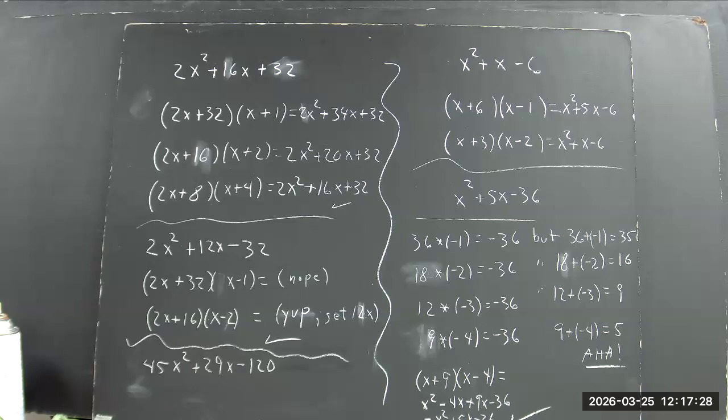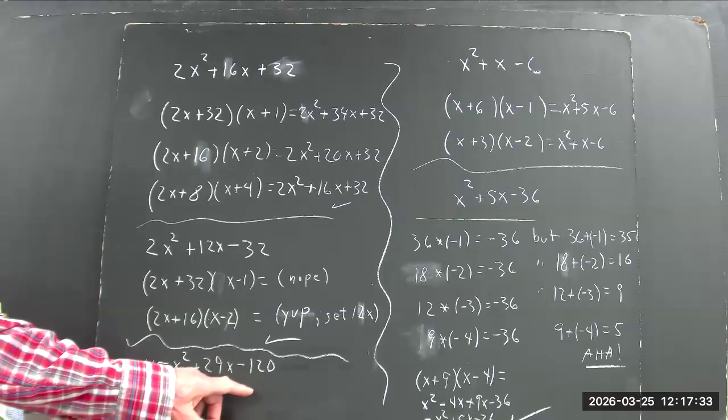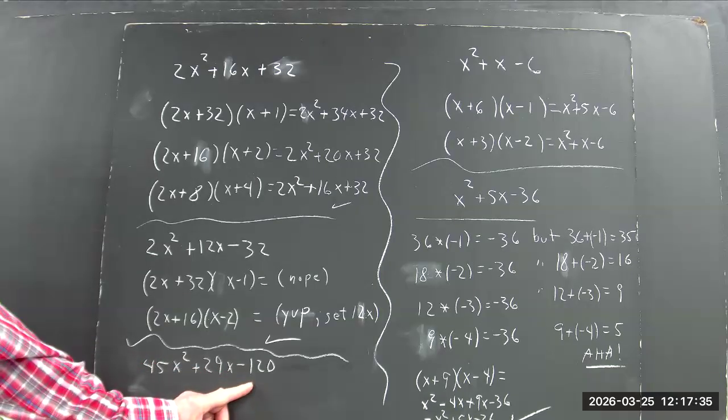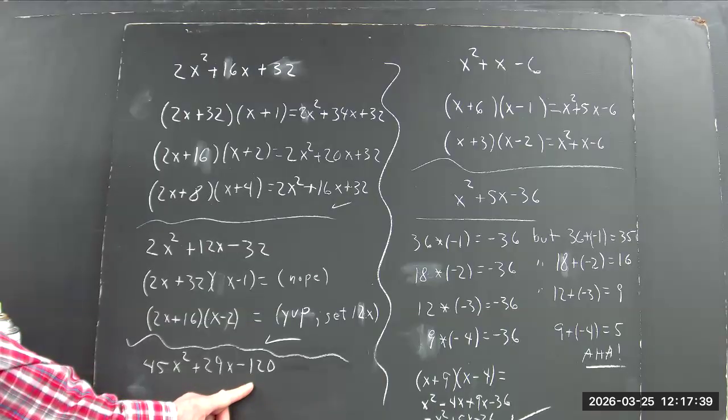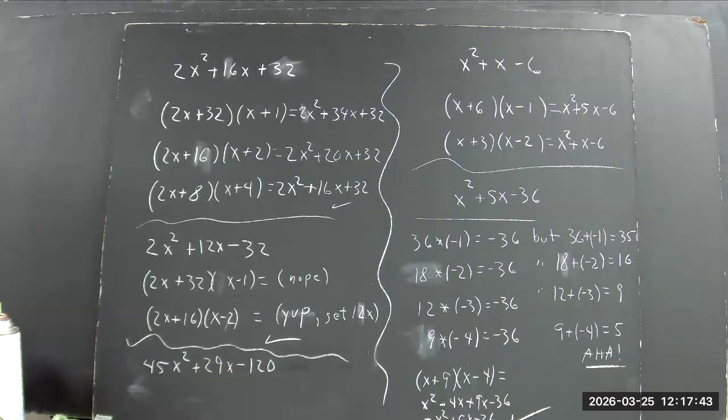Half is 60, half is 30, half is 15, and 15 is just 3 times 5. So you get 2, 4, and 8 as factors. And then you get 3 and 5. So those combine to give you a bunch of possible choices. So it gets a little more complicated.